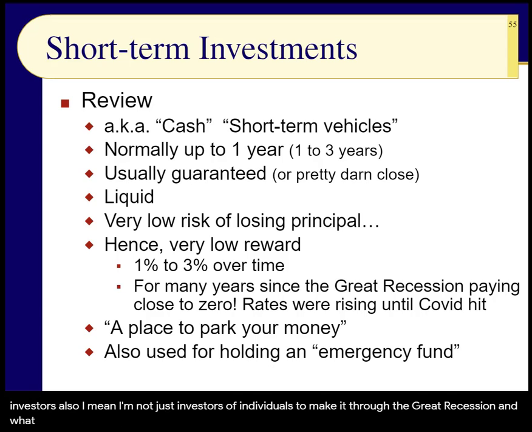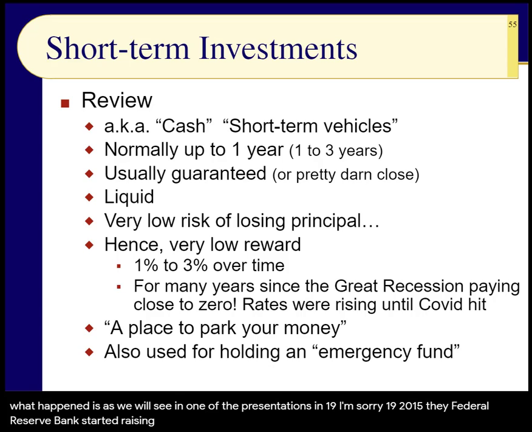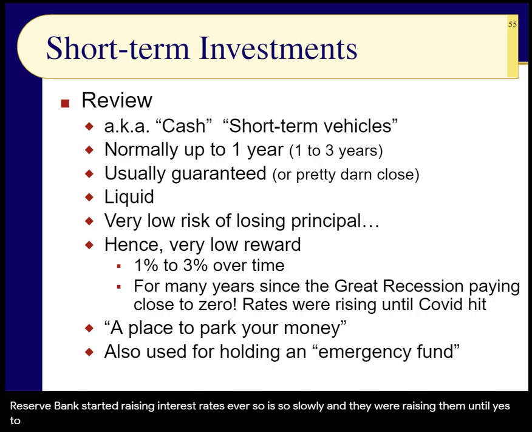And what happened is, as we'll see in one of the presentations, in 2015, the Federal Reserve Bank started raising interest rates ever so slowly. They were raising them until, yes, 2020 when COVID hit, and then back down to zero.